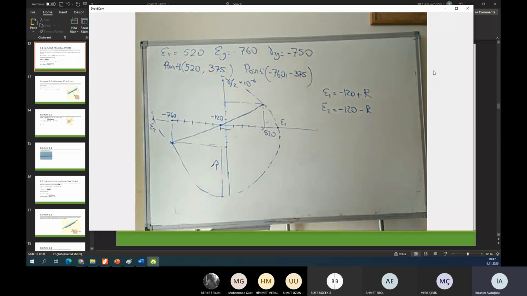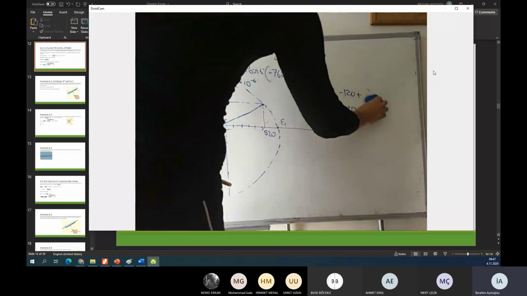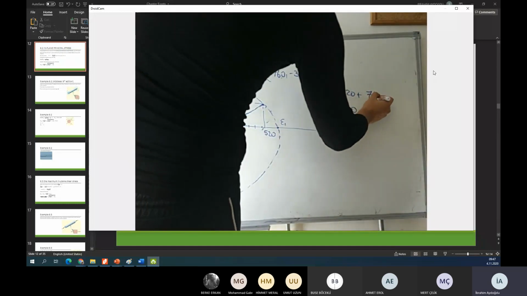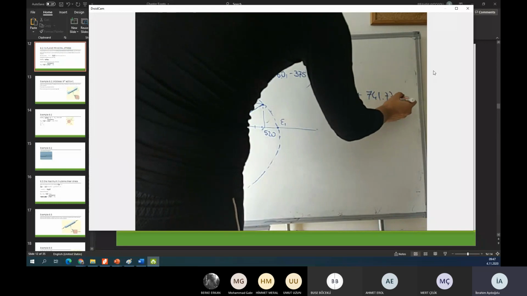We already calculated the R value, you remember that? It's equal to 741.77.